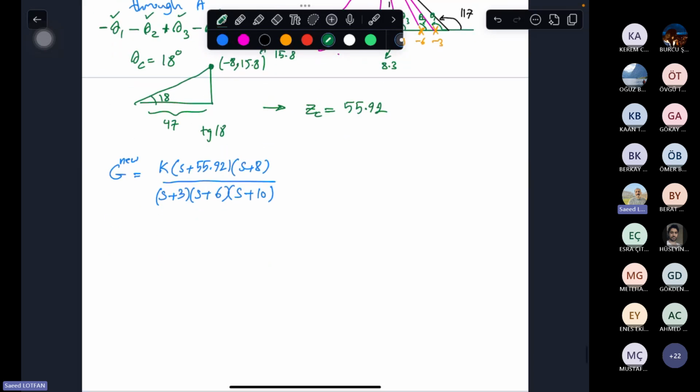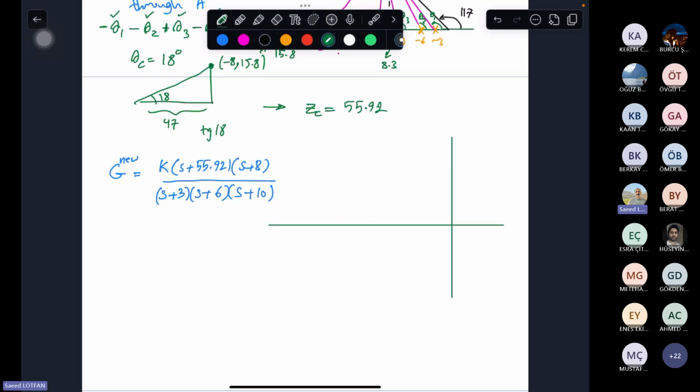So in this condition, I have minus 3, minus 6, minus 10, and I have minus 8, and I have minus 55.92. So here is root locus, here is root locus, and here is root locus.